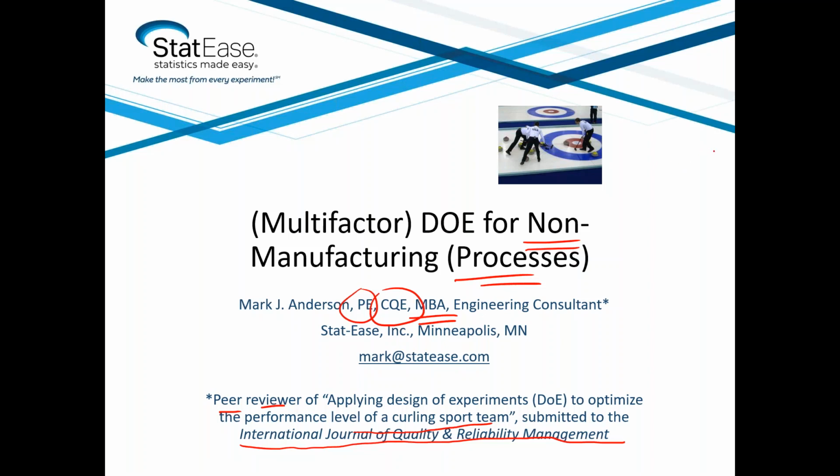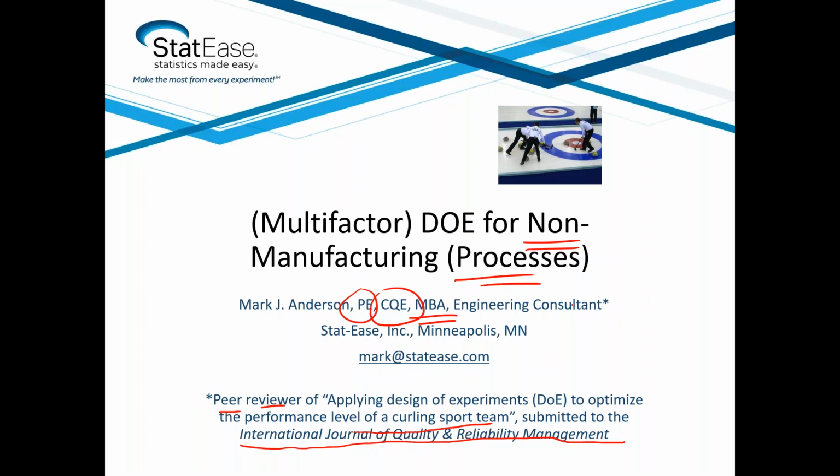That was especially interesting to me because in the prior Olympics, it was a team from Duluth, Minnesota and Superior, Wisconsin from the US that won the curling gold medal. Unfortunately, this year, they didn't do quite so well. And this particular application of DOE was from a club in Germany who didn't quite make it to the Olympics.